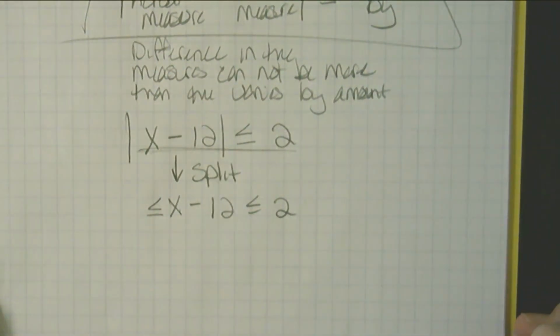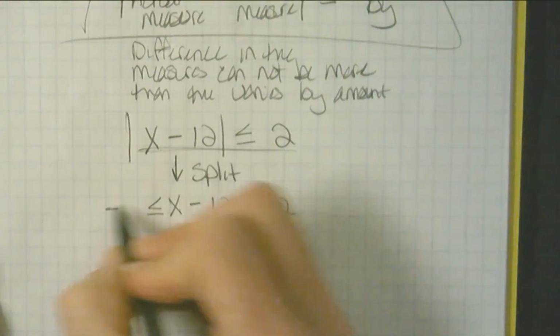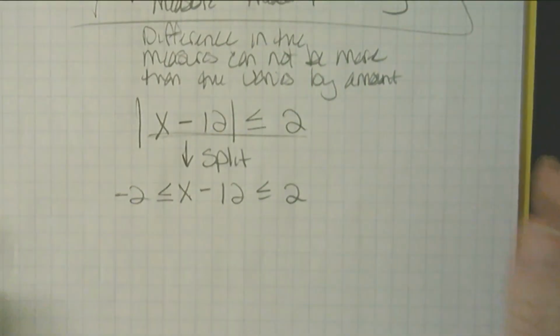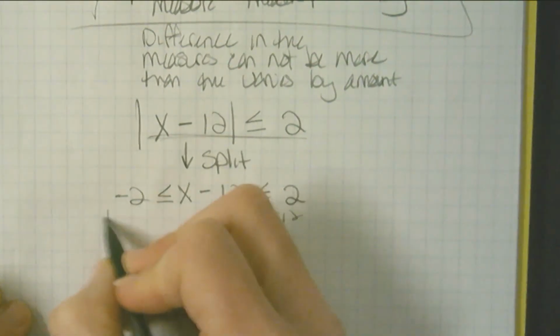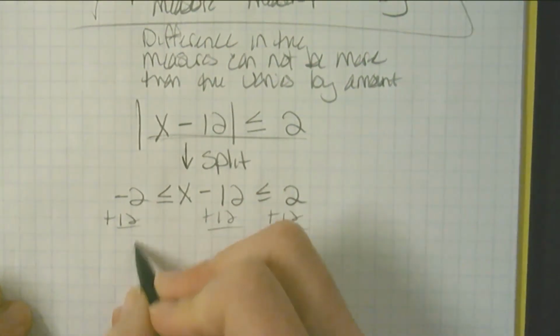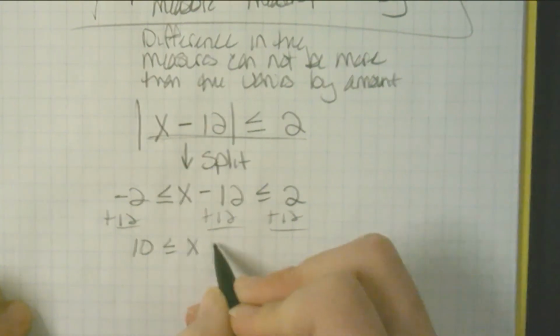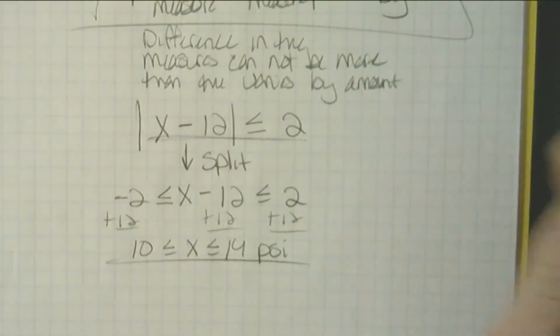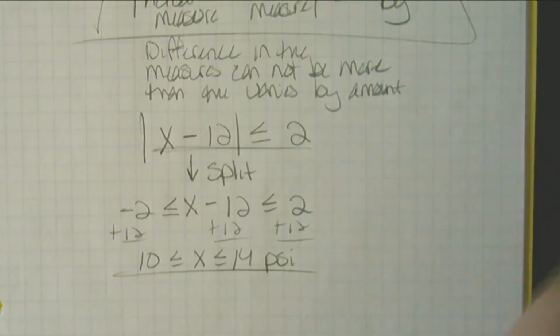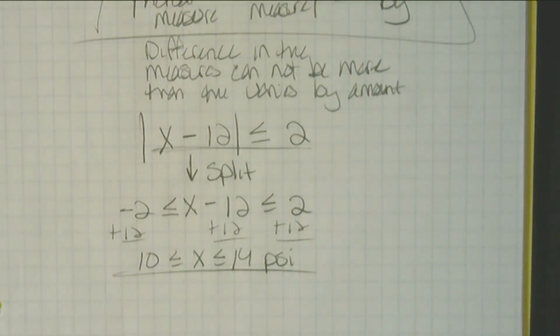Yep, and a negative 2. And now I just solve this. I get 10 is less than or equal to x, which is less than or equal to 14 psi. So this is an "and" absolute value inequality story problem.